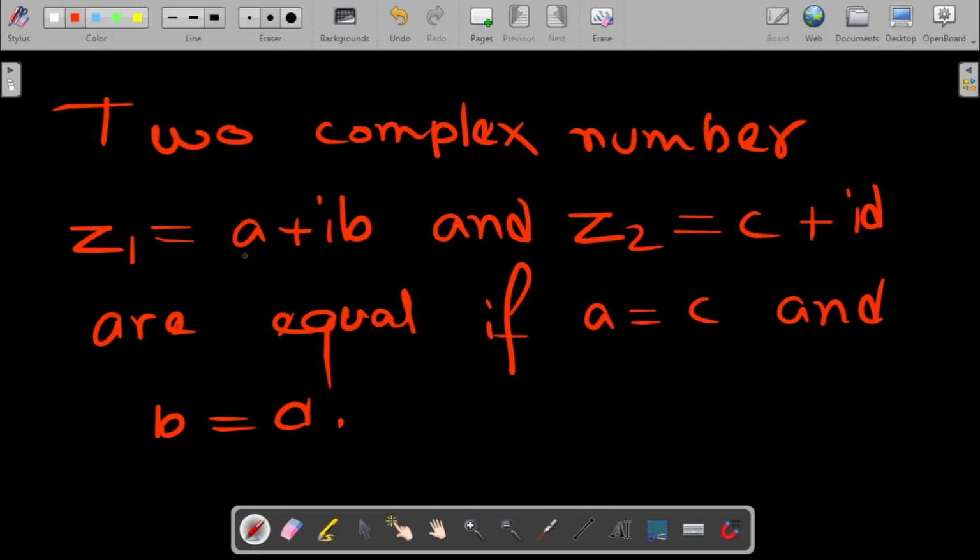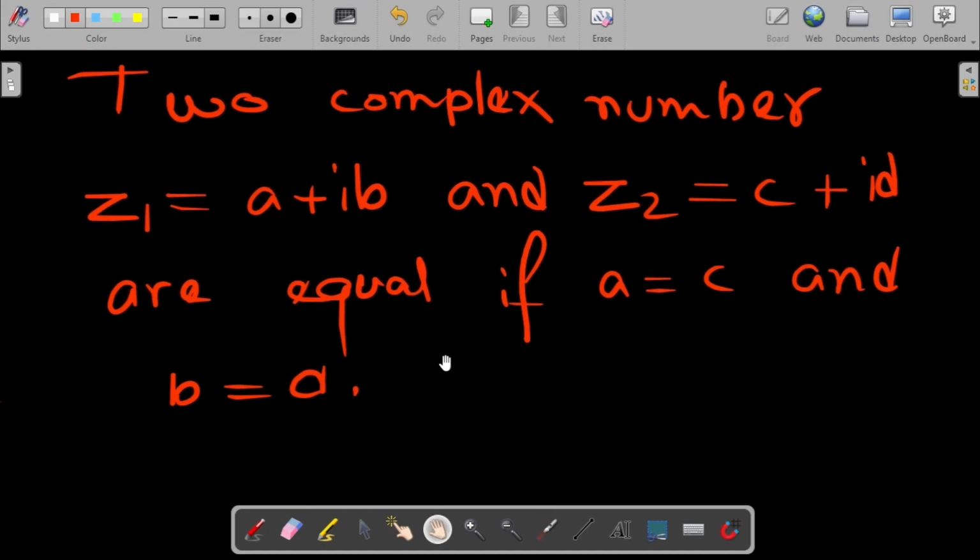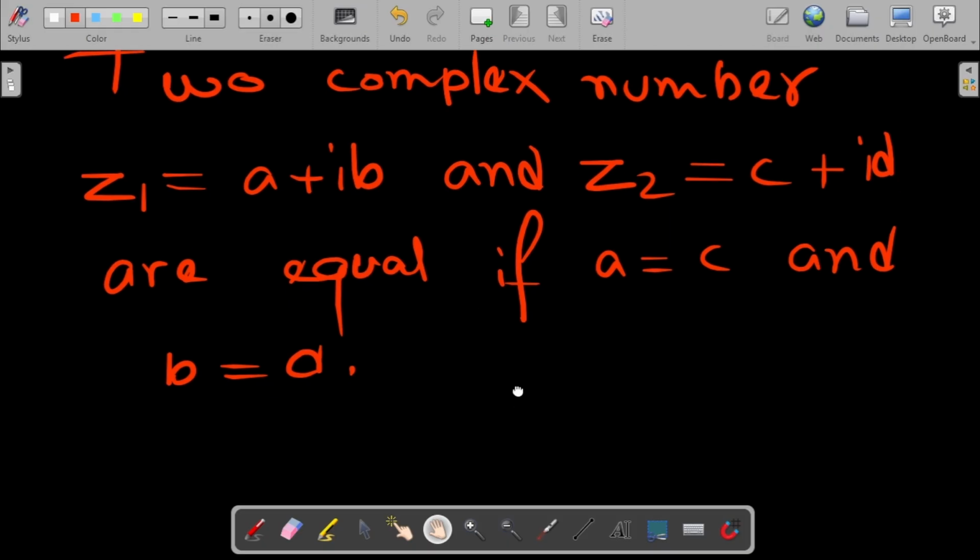This means if the real parts of the complex numbers are equal and the imaginary parts of the complex numbers are equal, then we say that these two complex numbers are equal.